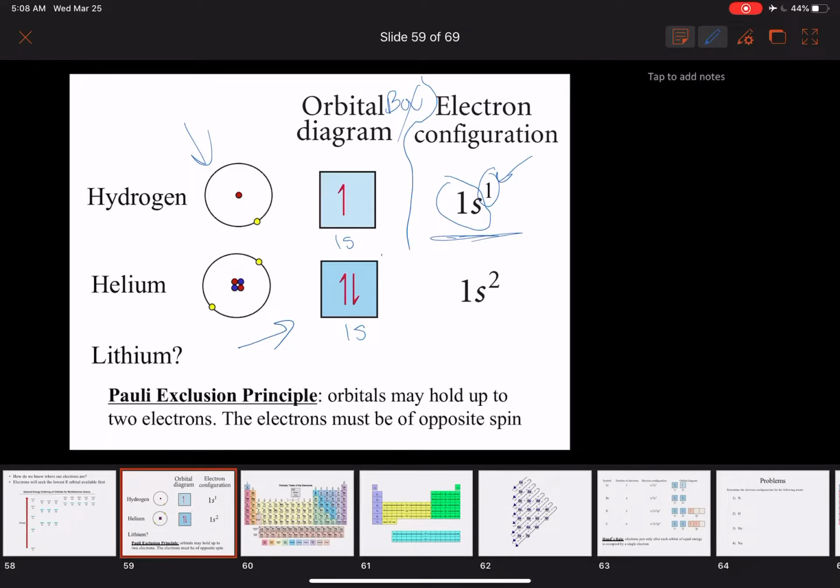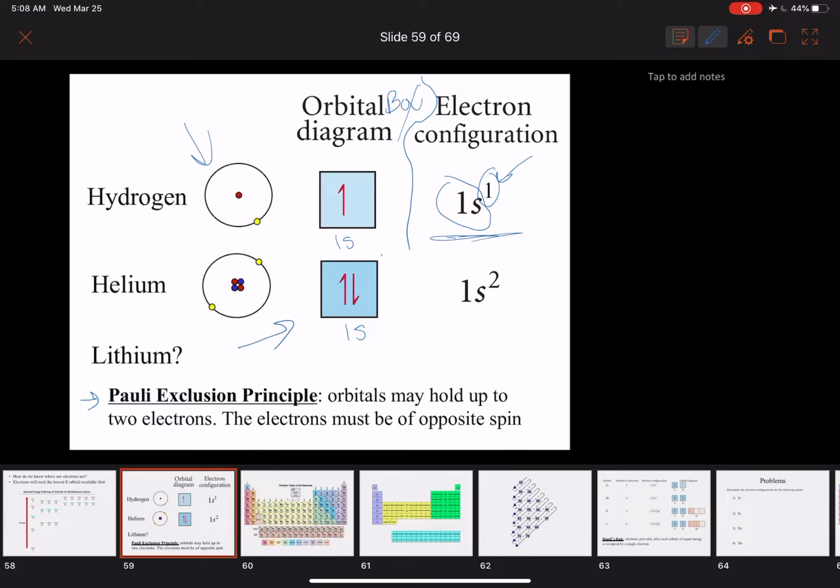The first electron is pointed up, just like it was in hydrogen, and then the second electron, we point that down. And if you guys take a look at the bottom of the slide, you can see that that's the Pauli exclusion principle right there.